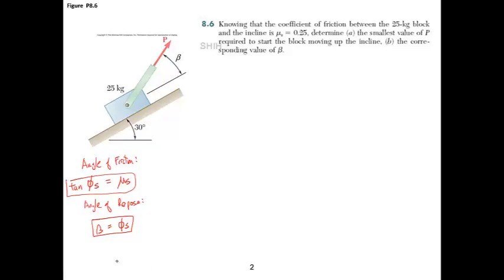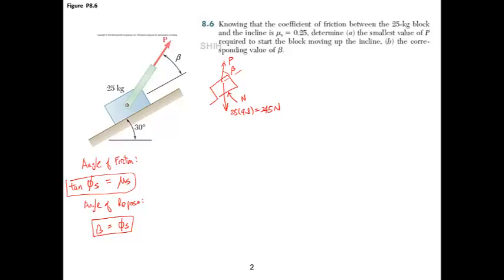Like we said in class, before you do any problem, the first thing you have to do is sketch the free body diagram. So that's what I'll do. In this example problem, the free body diagram is fairly simple. You have the force P at the incline angle beta, my weight, which is 25 times 9.8, 245 Newton, and my normal.